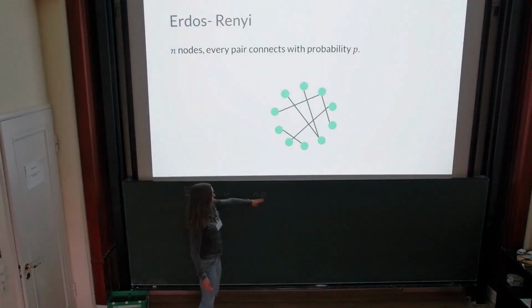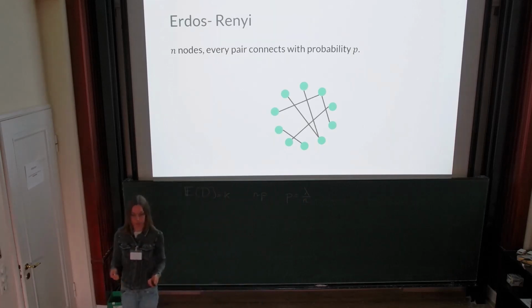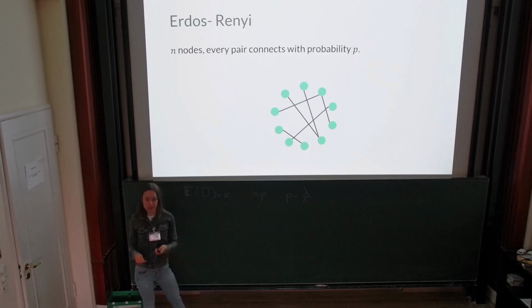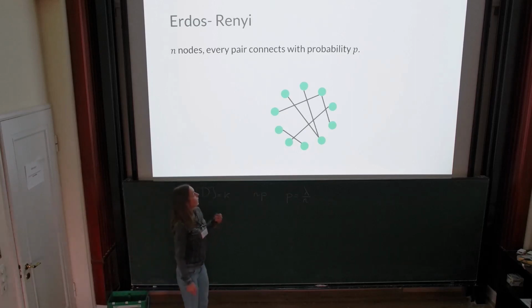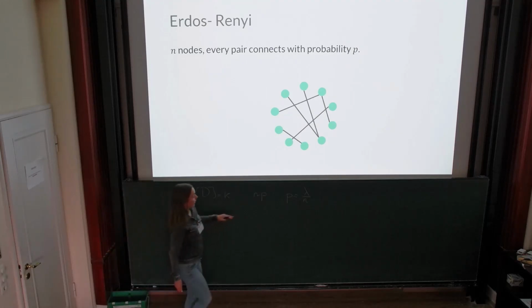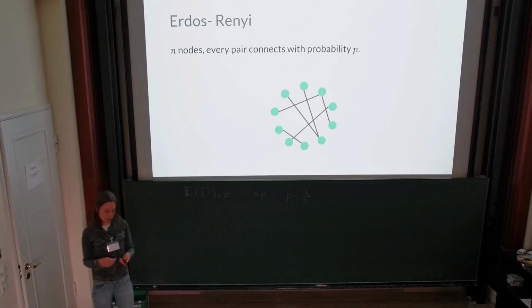So in this Erdős-Rényi random graph, we choose p equals some constant lambda divided by n. In that case, the average degree is fixed. The degree distribution would be binomial, and in fact, if you choose p equal to lambda divided by n, you can show that it converges to a Poisson distribution with parameter lambda.